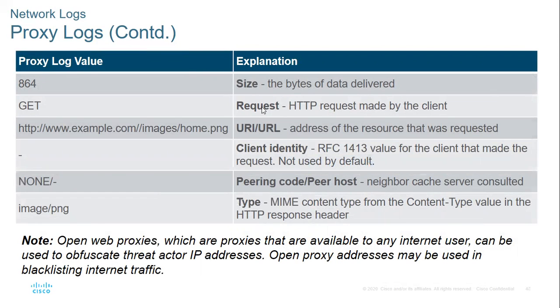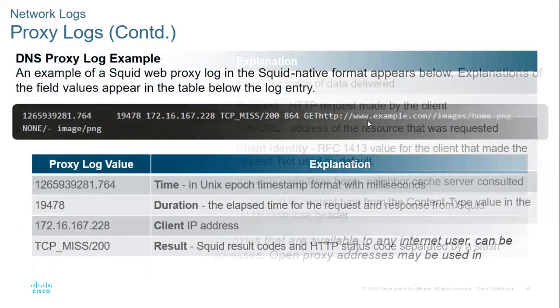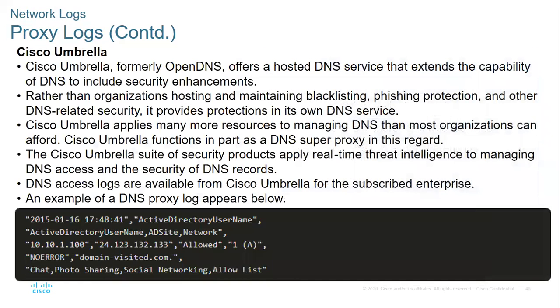The request is the URL that was requested. The dash represents the client identity. None is the peering code or the peer host. And then this is the content type. So this is how you read the logs from the DNS proxy log.